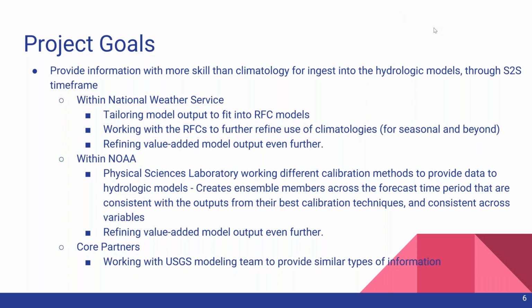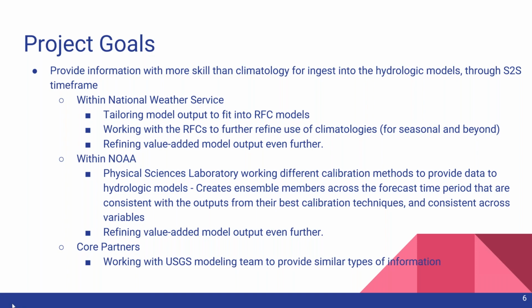Physical Sciences Laboratory, they are working on a lot of different calibration methods, and one of the big current methods they're working on is creating ensemble members across forecast time. So it's using an ensemble copula coupling. That's the method they're using. And what it does is it creates synthetic members from the atmosphere for temperature and precipitation that are both consistent across each other.